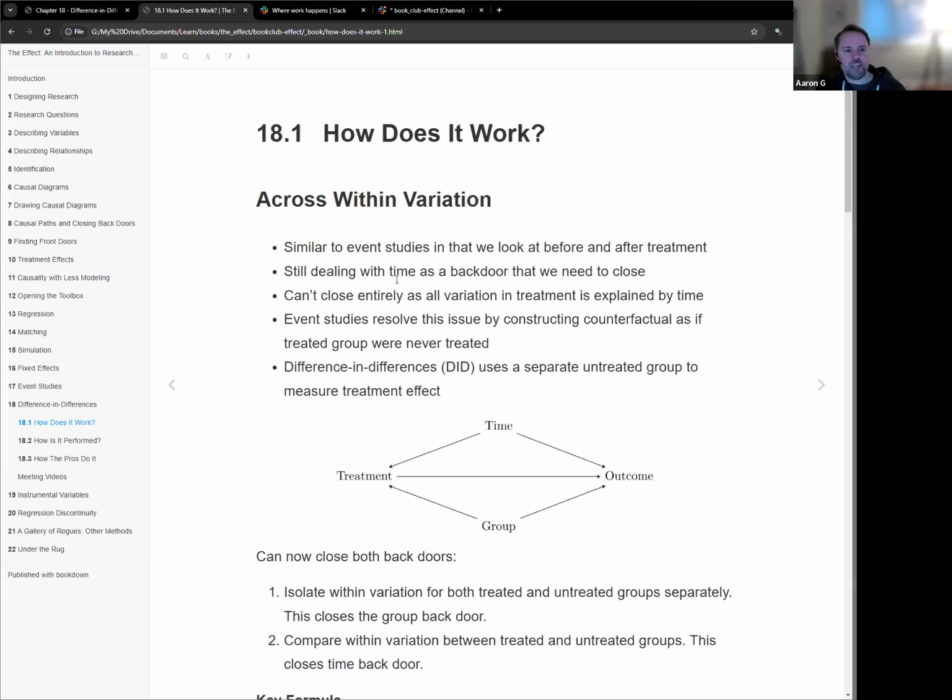The difference is we didn't have a control group. You're looking at a treatment effect over time with these event studies, but there's a before and after treatment. You can take the difference of the effect before and after, and that's your measured treatment effect.